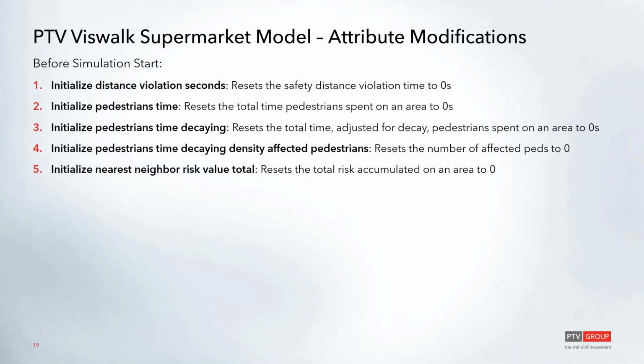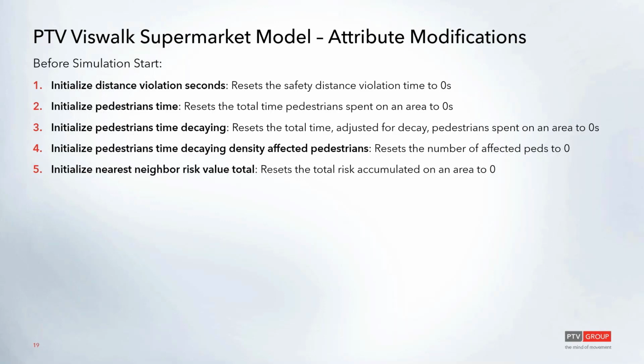And basically their whole purpose is just to reset all of these values, these aggregated values. So as the simulation goes on, it's going to be recording things like time spent in the store and things like that. And we're going to need to reset all that to 0 at the beginning of every simulation.